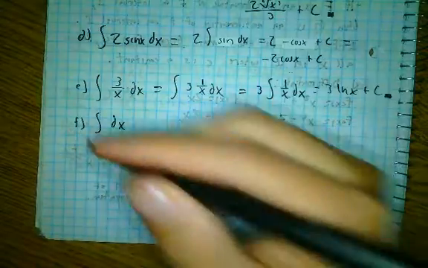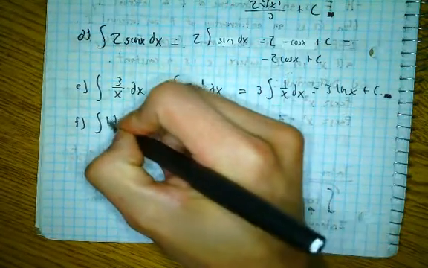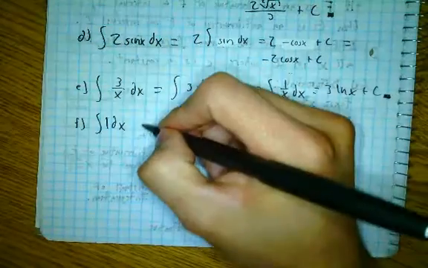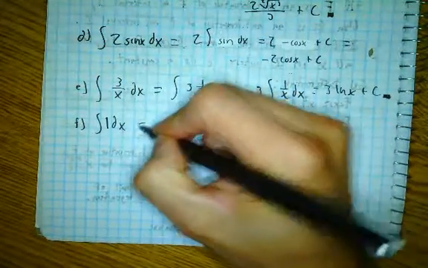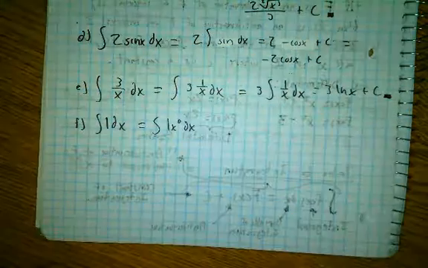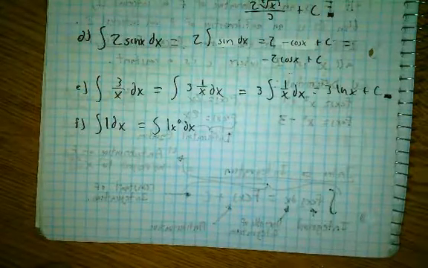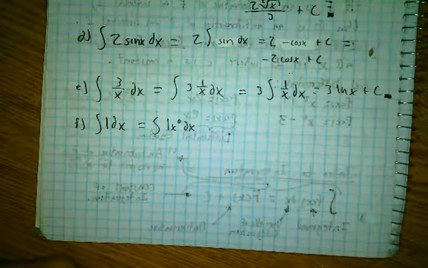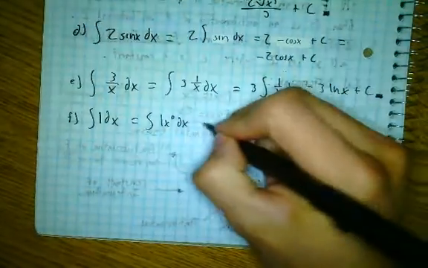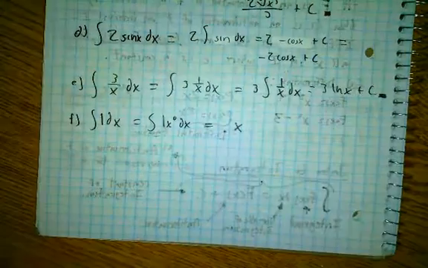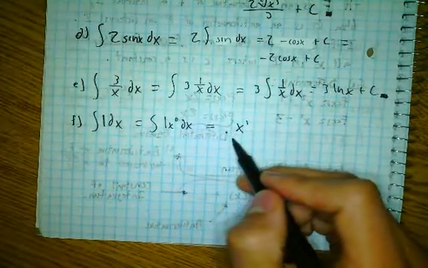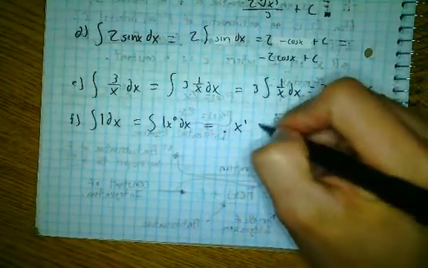So wouldn't this technically mean that I have 1x to the 0 power? Agreed? And if I apply the power rule backwards, I am adding 1. So what's 0 plus 1? 1. 1 divided by 1 is 1. Agreed? And think about it. What's the derivative of x? 1.